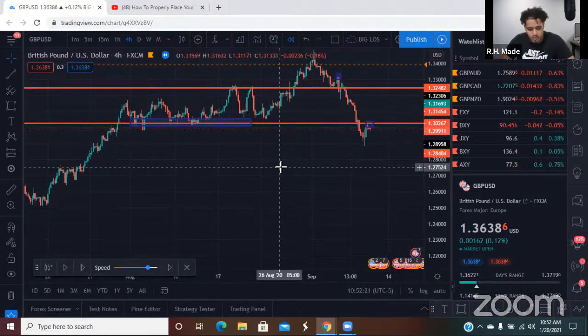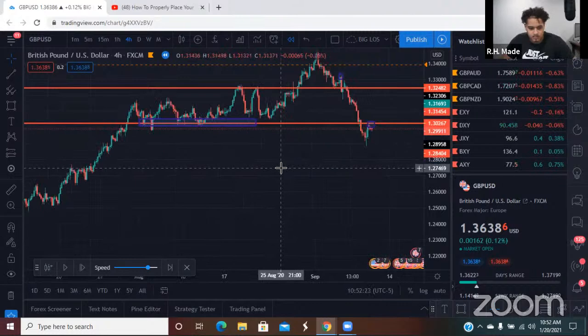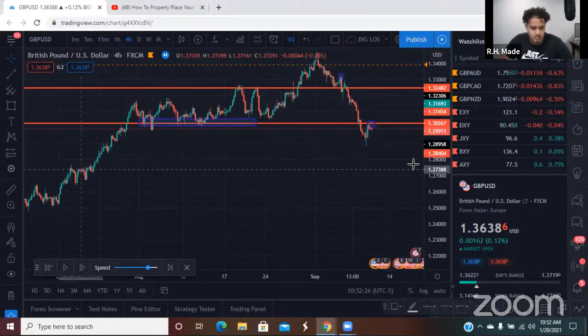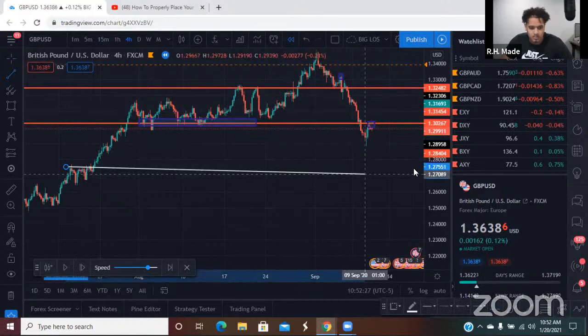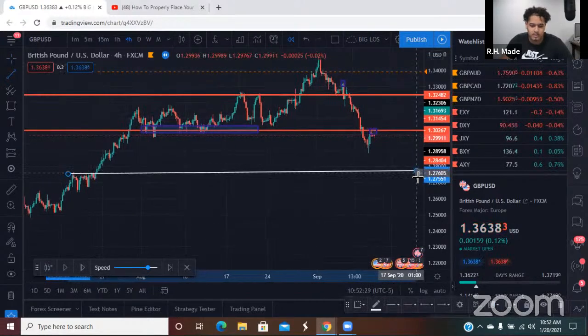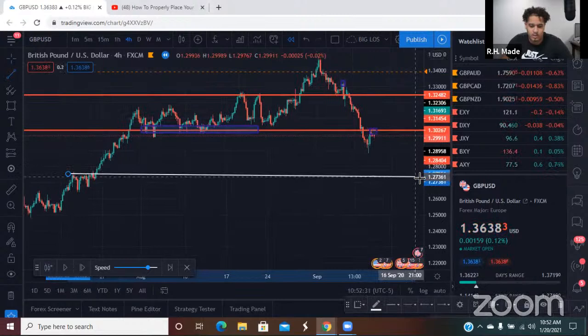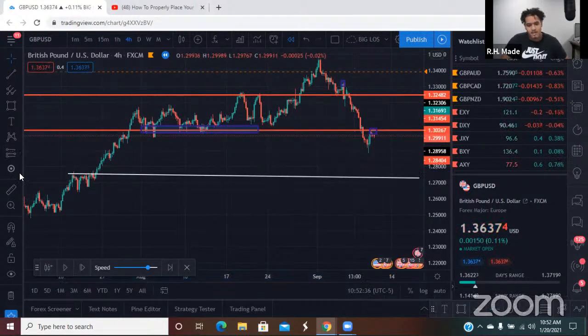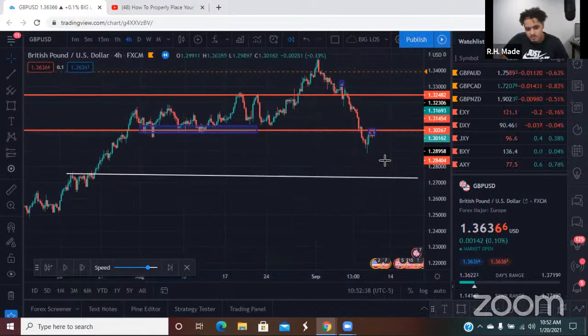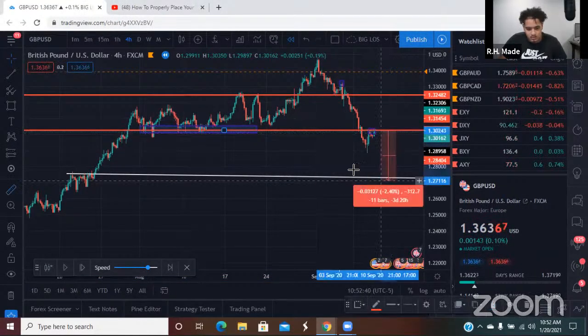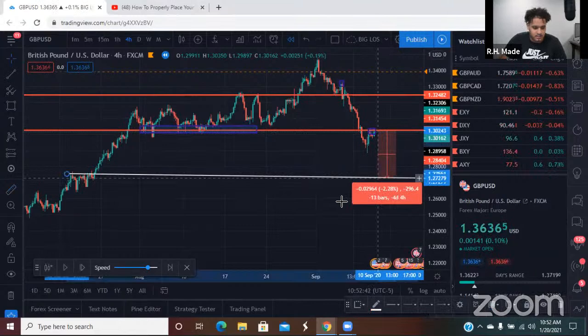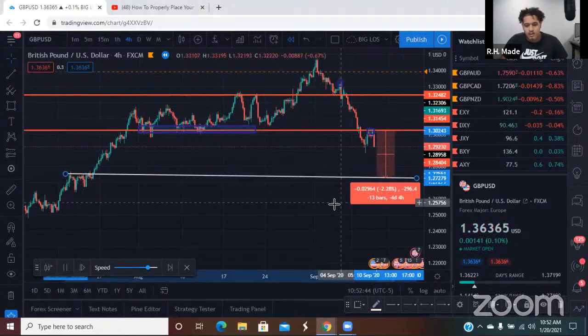The next support is all the way down here. So we know we're good until we get down there. So let's see how many pips that is. Okay, 296. Right, now let's see what happens.